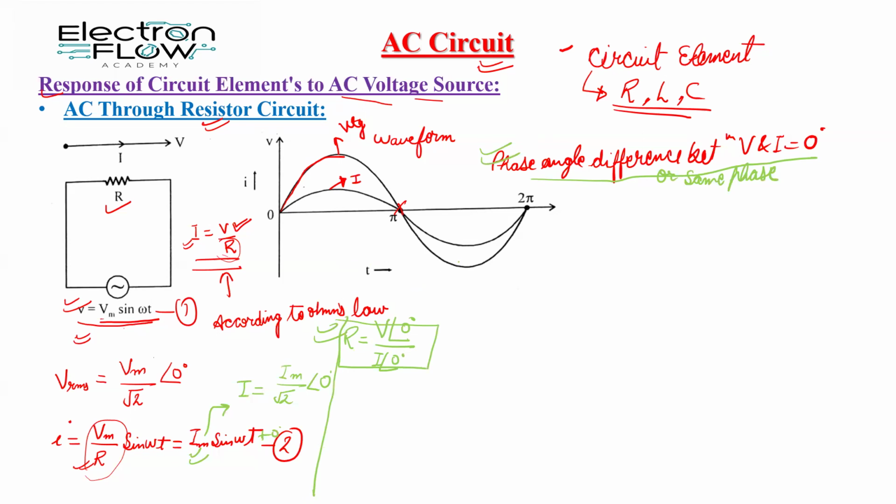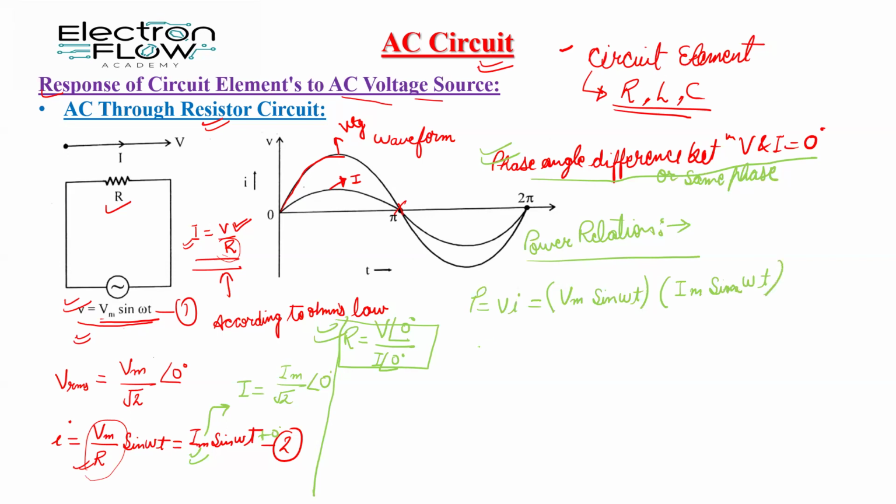Next, we have to give the relation for the power. So what will be the power relation here? Let's see. Firstly, the instantaneous power consumed by the resistor, we know, is given by P is equal to V times I. So here I can write both equations: Vm sine omega t multiplied by Im sine omega t.